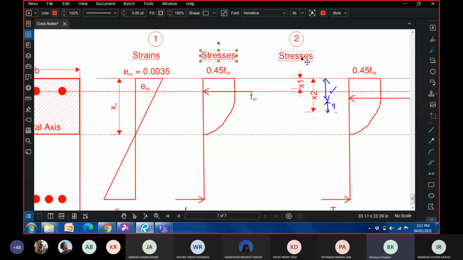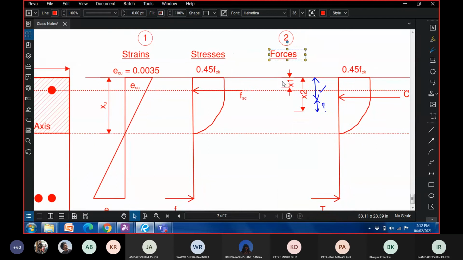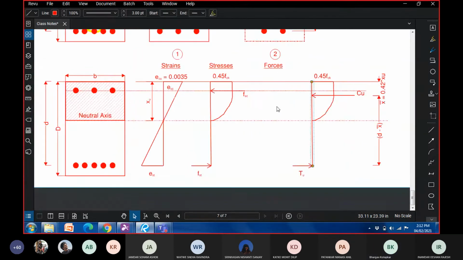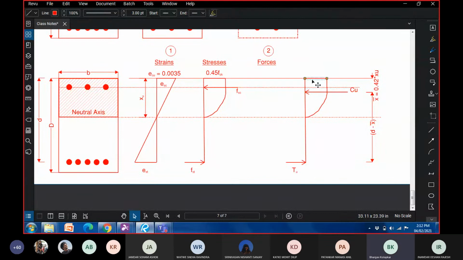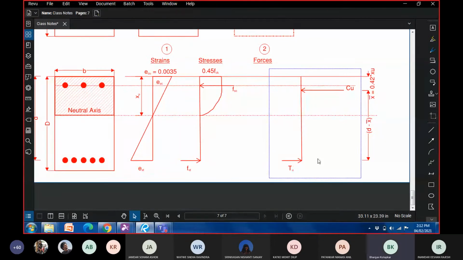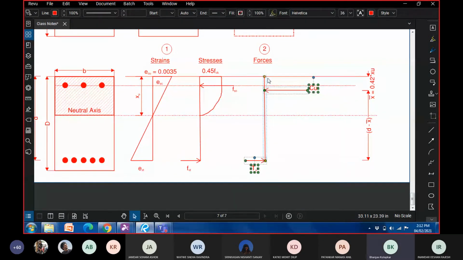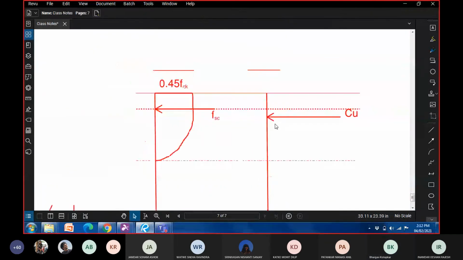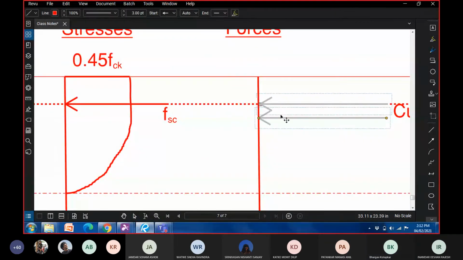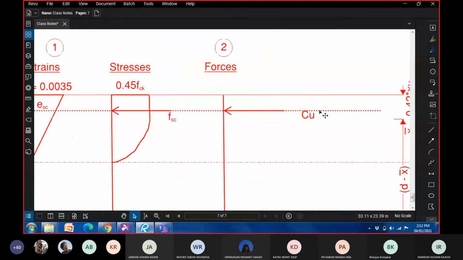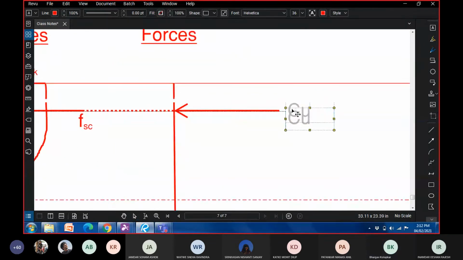Now, if I just draw the forces, so this force is CUS.